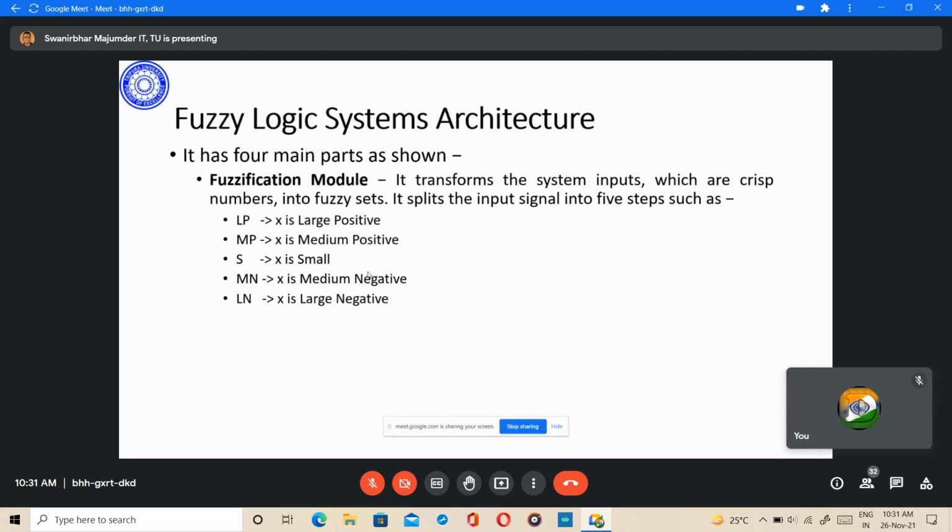Now my fuzzy logic and his fuzzy logic outputs may not be the same, because when we converted the crisp numbers into fuzzy sets, we didn't do it with the same algorithm. Our numbers were different. Sometimes there are different optimization algorithms which decide what should be the range of large negative, what should be the range of medium negative, and so on.